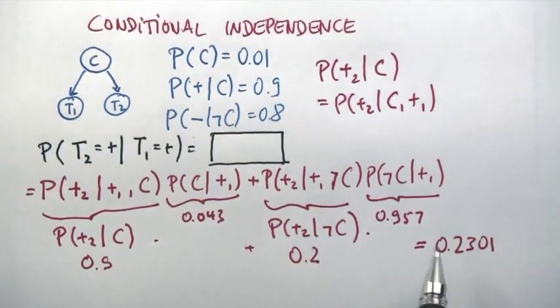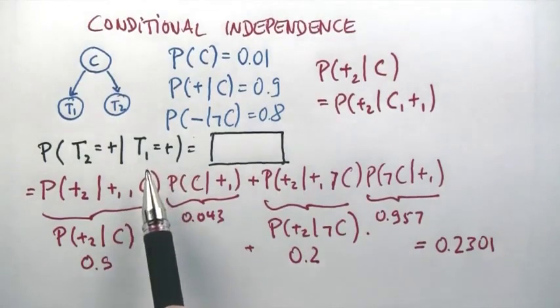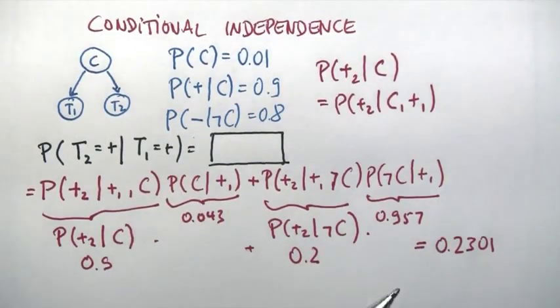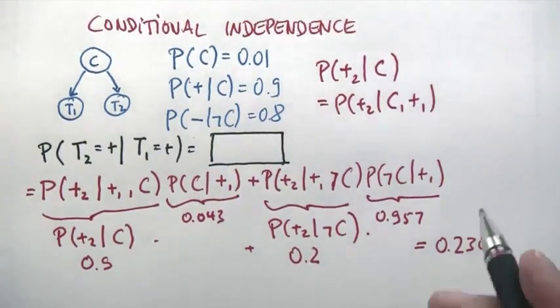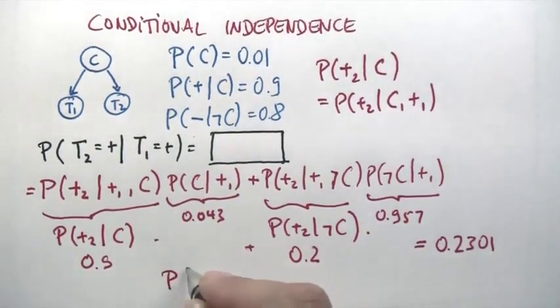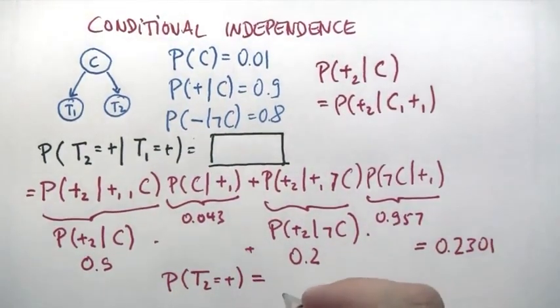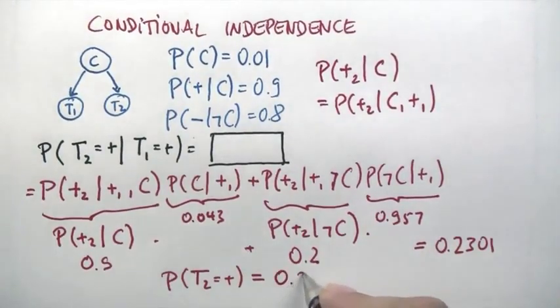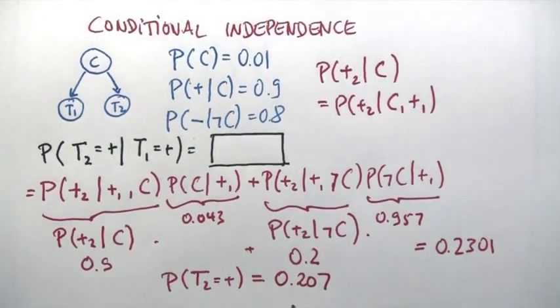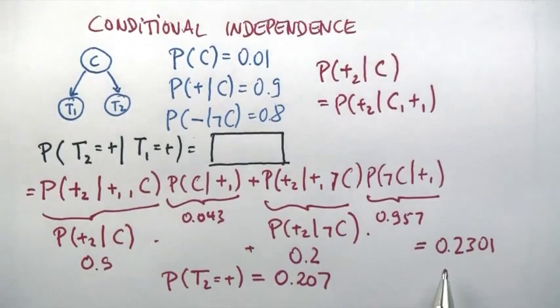So that says if my first test comes in positive, I expect my second test to be positive with probability 0.231. That's an increased probability compared to the default probability which we calculated before, which is the probability of any test to come in as positive, the normalizer of Bayes rule, which was 0.207. So my first test has a 20% chance of coming in positive. My second test, after seeing a positive test, has now an increased probability of about 23% of coming in positive.